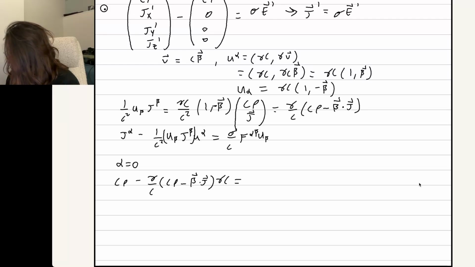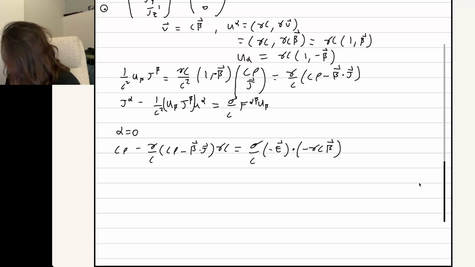And then on the right hand side we have sigma over c, and then this is going to just be running across the first row of the field strength tensor, which is the negative E vector. So we have minus E, and we're dotting it with the contracted 4-velocity, which goes like minus beta times gamma c, so minus gamma c beta vector.